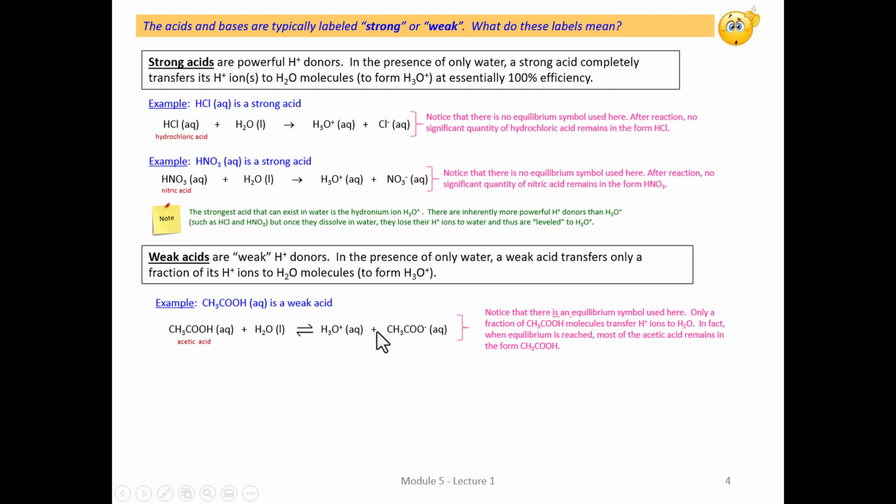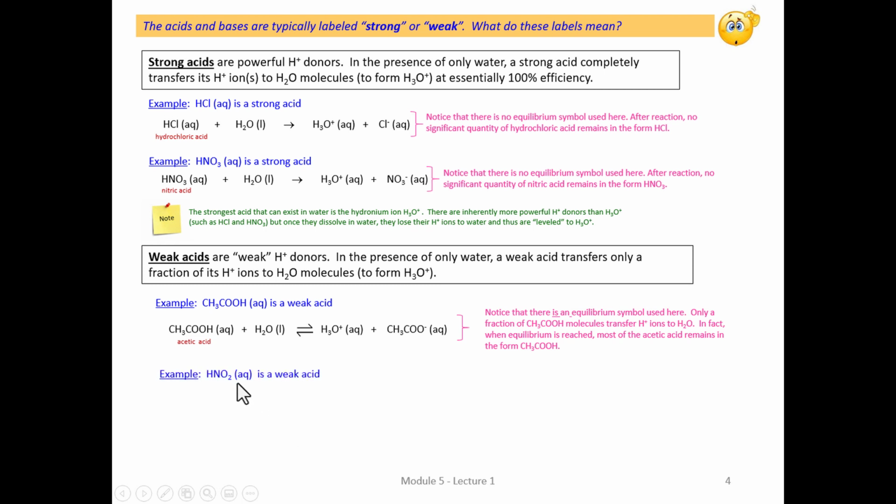In fact, when it reaches equilibrium, most of the acetic acid is in this unionized form. Very little of it ionizes to form hydronium ions and acetate ions. So we look at it as a weak H+ donor, and that's why it's a weak acid.